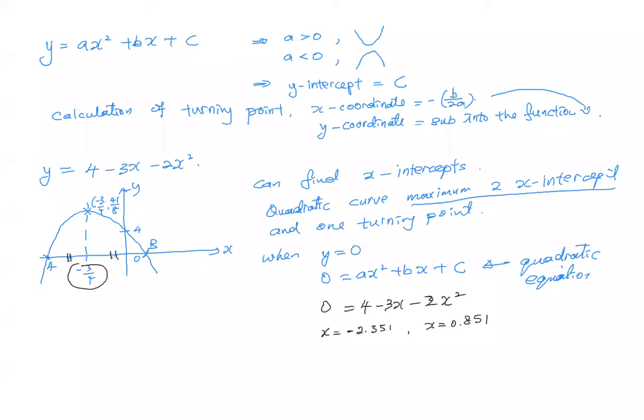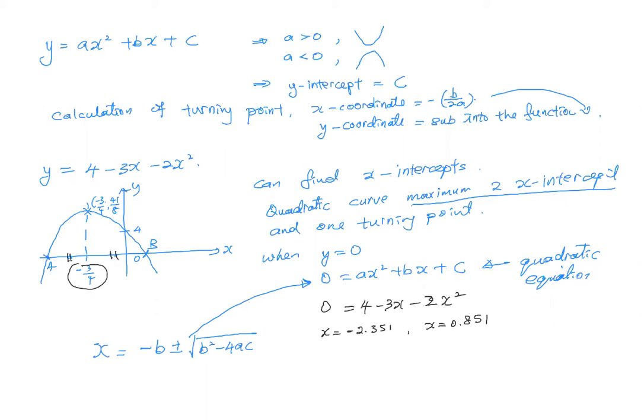Now, if you remember, for any quadratic equation, if I want to find the roots, I can use this formula. Still remember the solution? Do you think this formula is important? Yes.